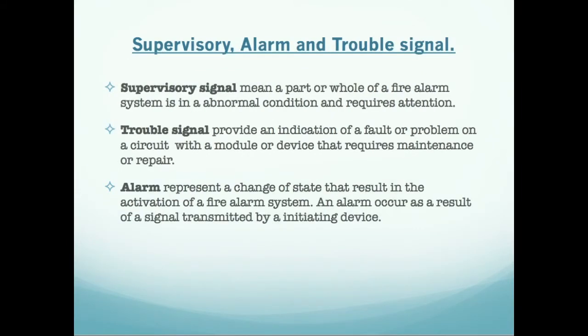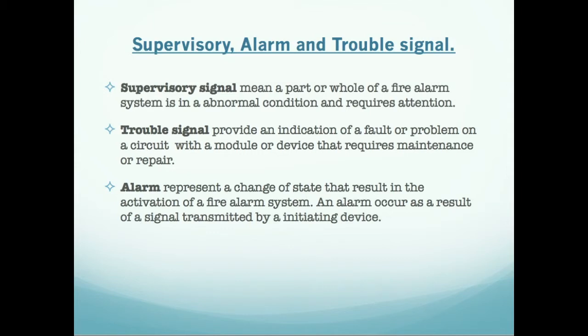There are three different signals that are important to identify from the fire alarm control panel. These signals are supervisory signal, trouble signal, and alarm signal. Supervisory signal means a part or whole of a fire alarm system is in an abnormal condition and requires attention.